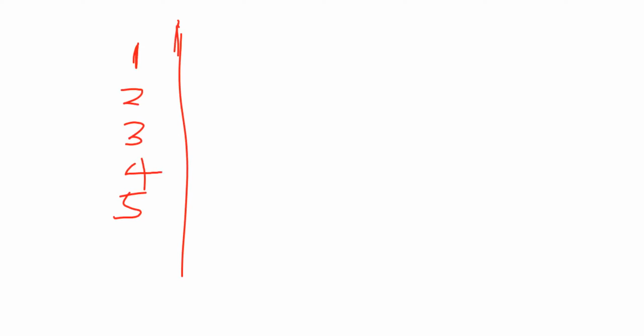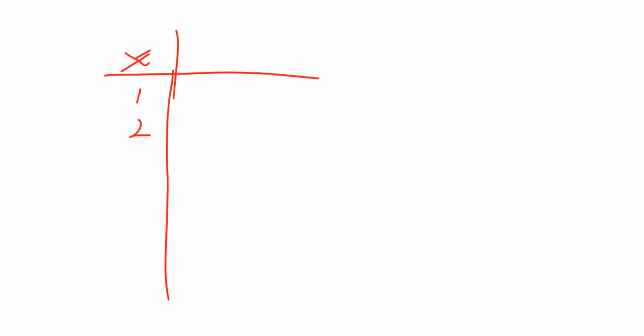So it's still the same thing, but this one is just a single set of numbers where there is no frequency. So this is our X. All we need to do here is to find the deviation from the assumed mean: 1, 2, 3, 4, and 5.